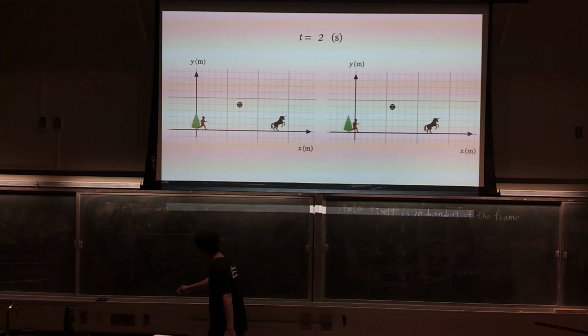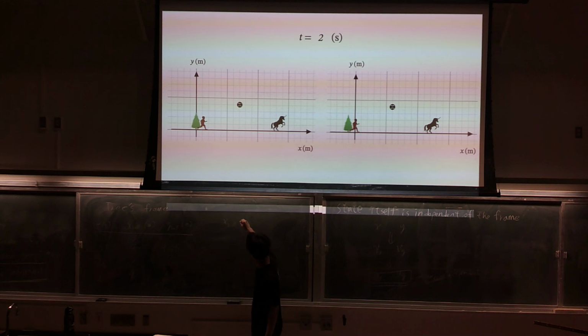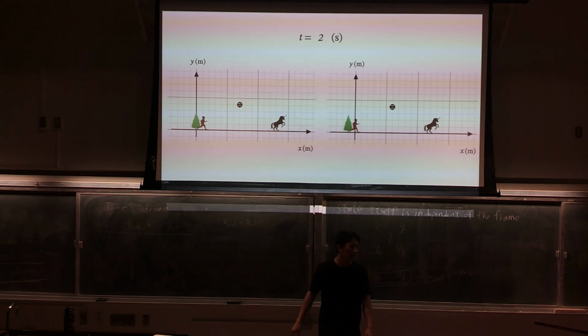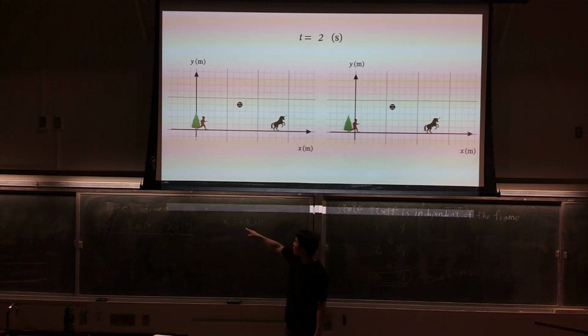So the key to describe motion is to just write out the x position and y position as a function of time. This is not sine or cosine, so the thing inside the function can have a dimension.